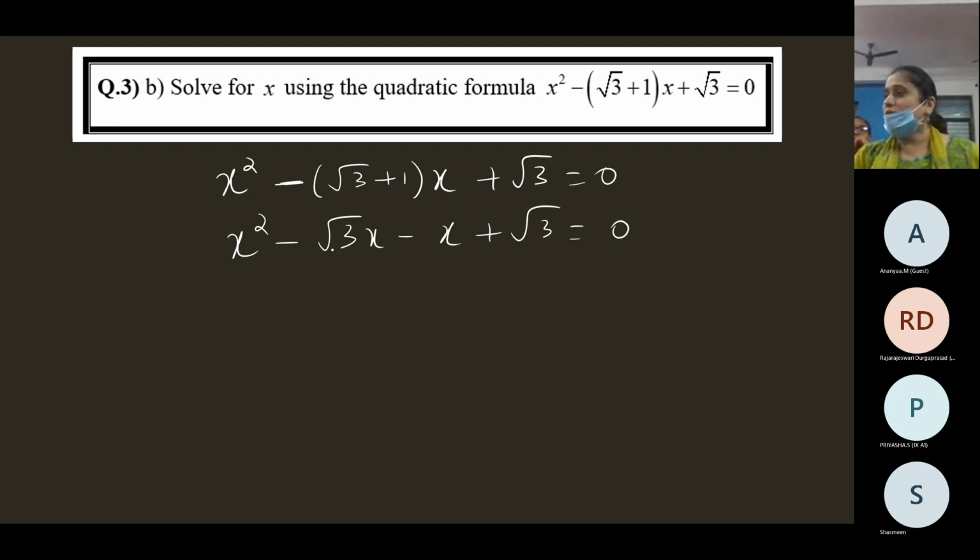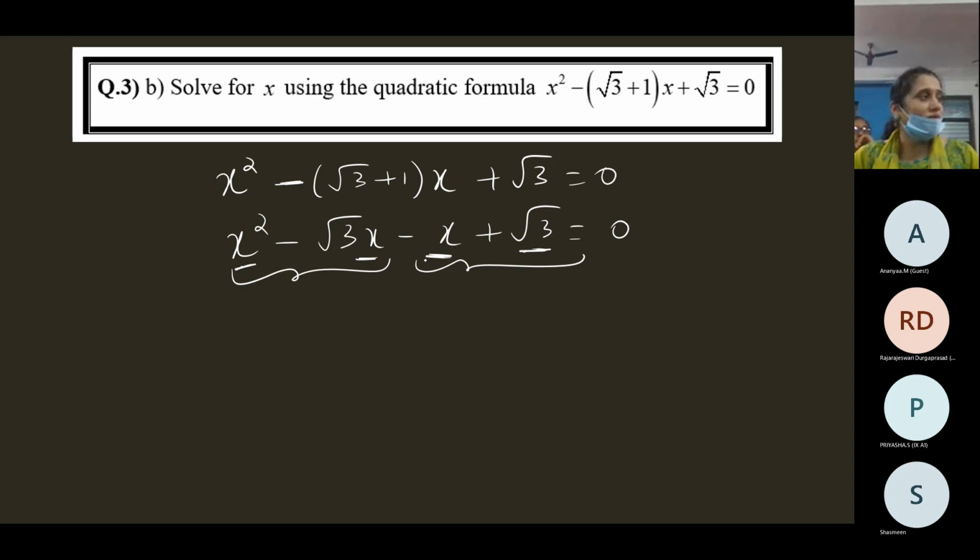When can we factorize by grouping? When we have 4 terms: 1 x square term, 2 x terms, and 1 constant. Then you can do the grouping, 8th standard grouping.